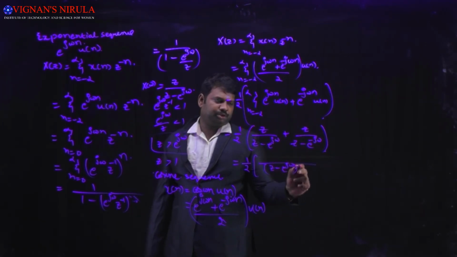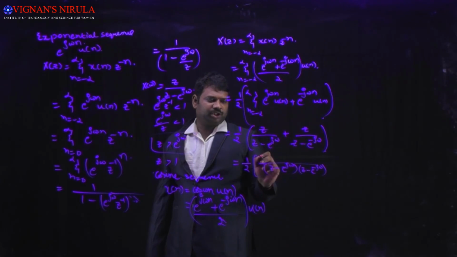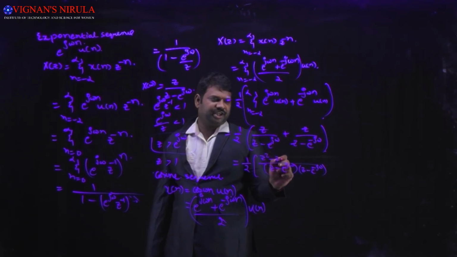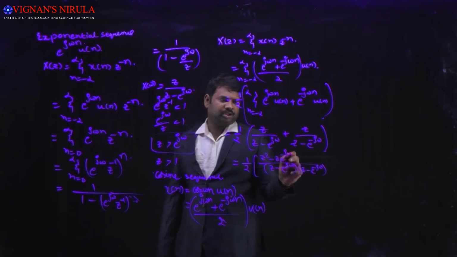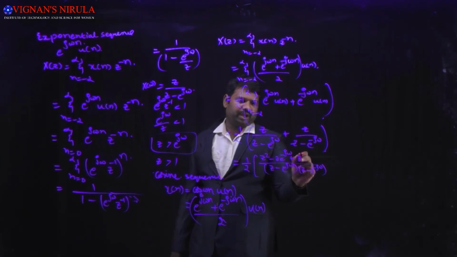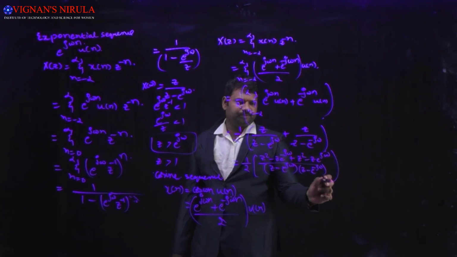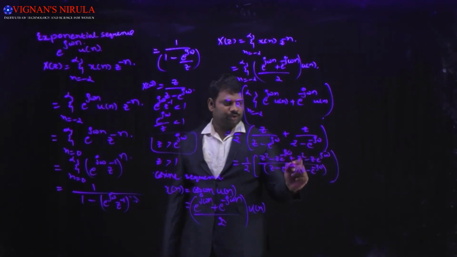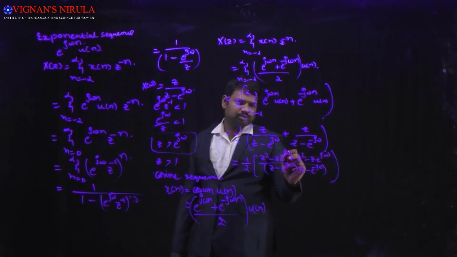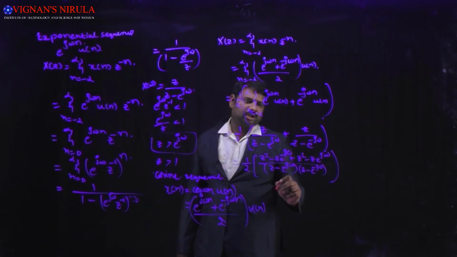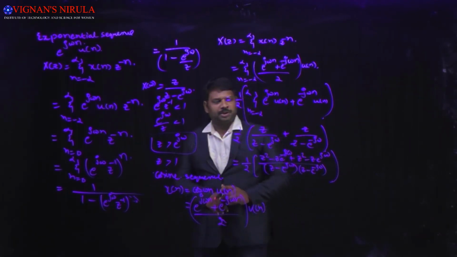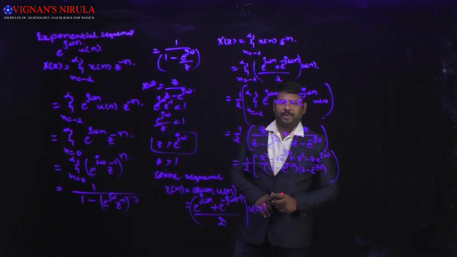In the numerator, Z into this gives Z square minus Z e power minus j omega, plus Z square minus Z into e power j omega.